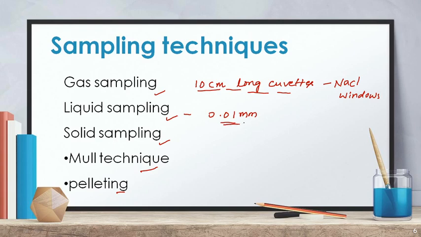And here we are using two types of plates, sodium chloride plates or potassium bromide plates, in the form of circular or rectangular plates.